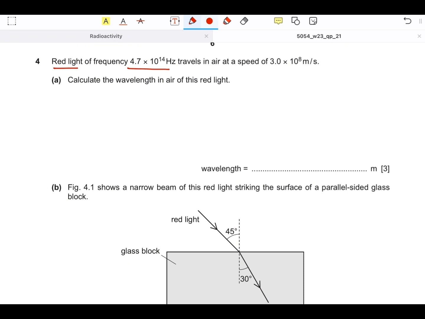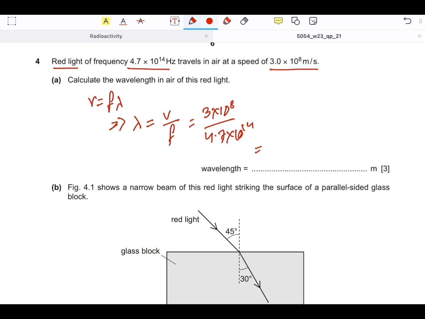So red light of frequency 4.7 × 10^14 travels in air at a speed of 3 × 10^8 meters per second. Now calculate the wavelength. So we will be using the wave equation v = fλ. Over here λ will be equal to v by f, and v is 3 × 10^8 divided by 4.7 × 10^14, which will be equal to 6.4 × 10^-7 meters.